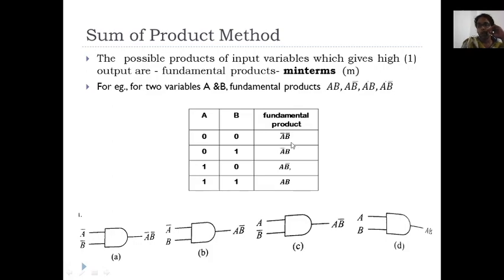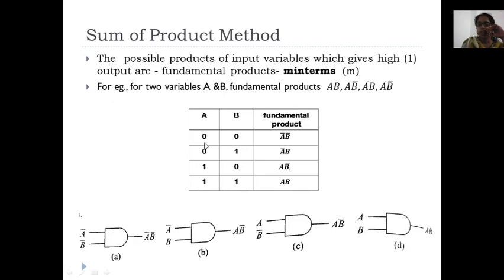Why so? Because we know that the output of a logical product is high or 1 if and only if the inputs are 1. Here the inputs are zeros, and we have to invert the input and then take the product. Then only we will get high output. So here A, B will give you output 0.